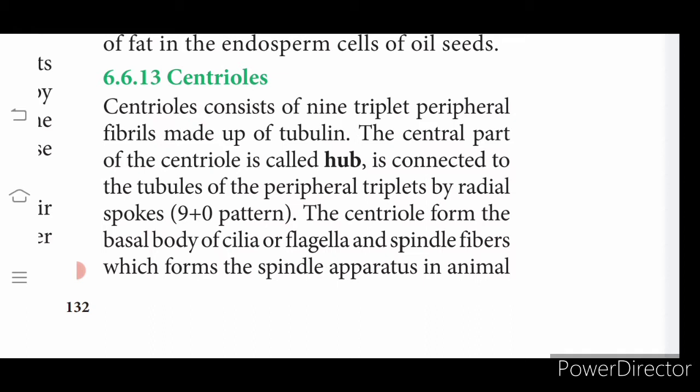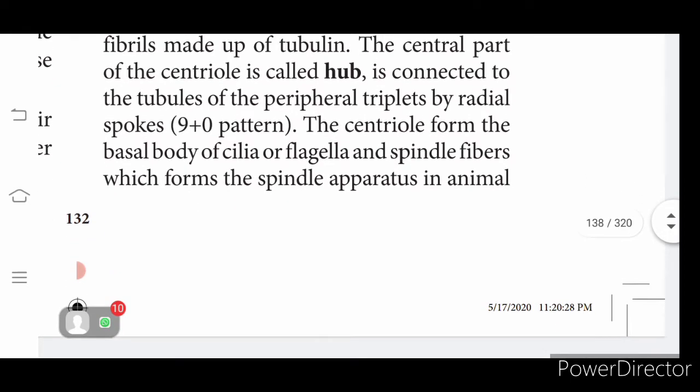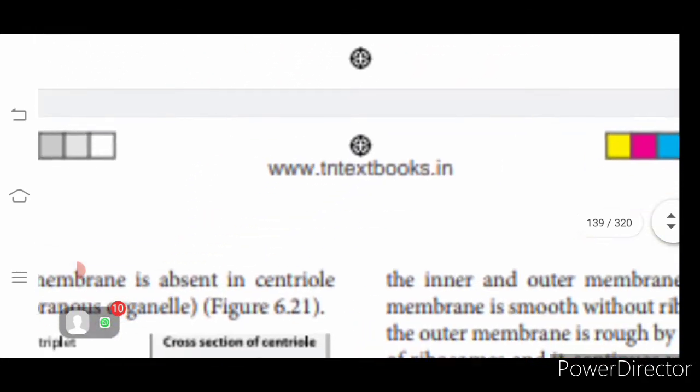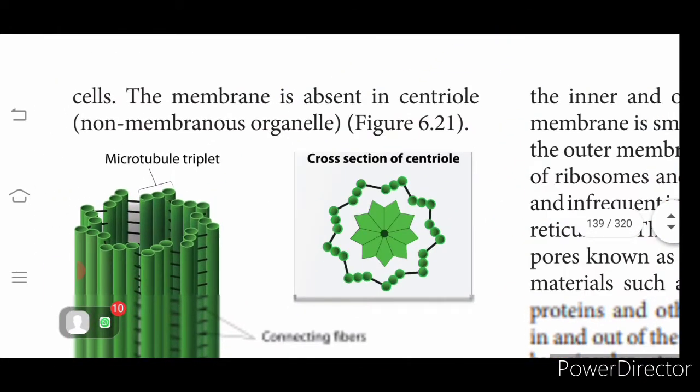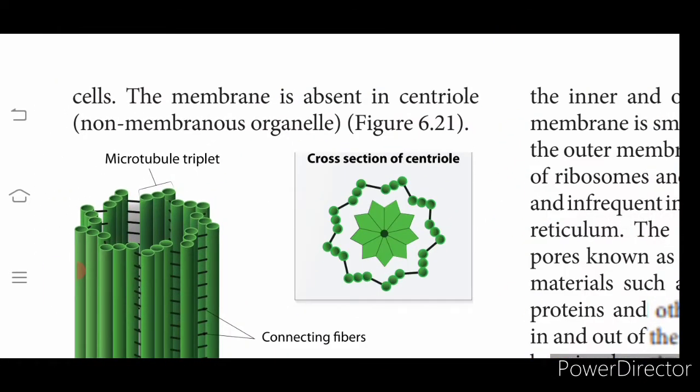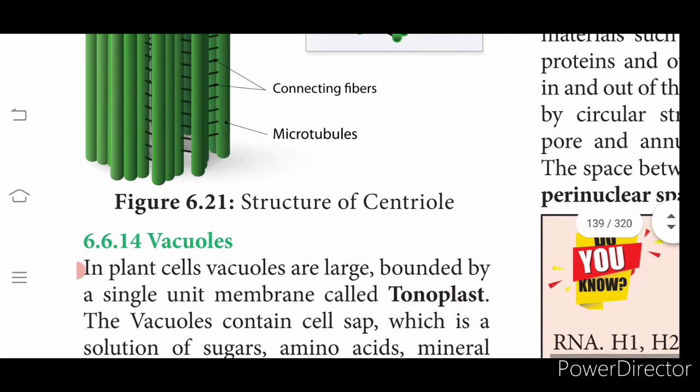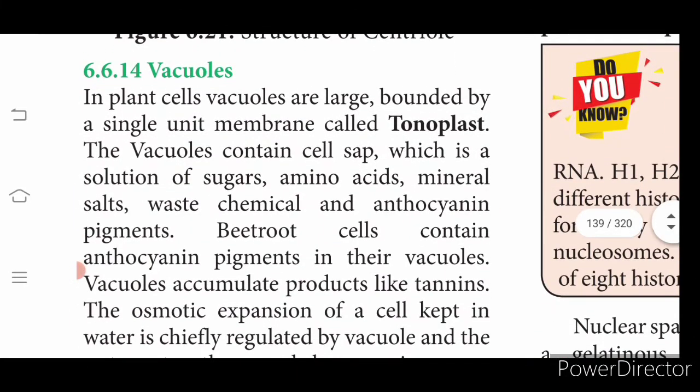The centriole forms the basal body of cilia and flagella, and also the spindle fiber which forms the spindle apparatus in the case of animals. The spindle apparatus has a role to play in the process of anaphase during cell division. So you should know spindle fiber plays a role in cell division.